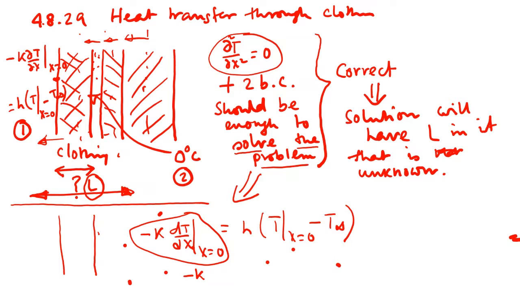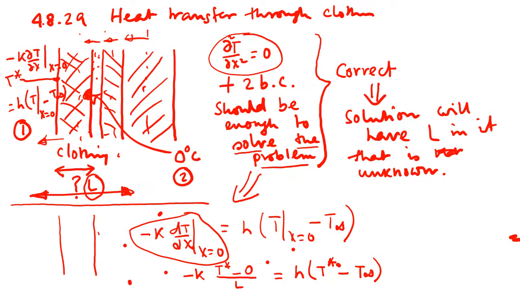Then minus k dT/dx would give me, if I call this temperature T star, (T star minus 0) divided by L, equal to h times (T star minus T infinity), because T at x equal to 0 is T star. So this is what you'll get.